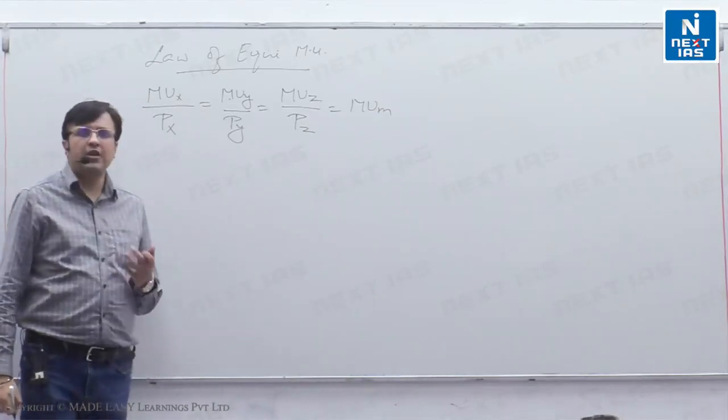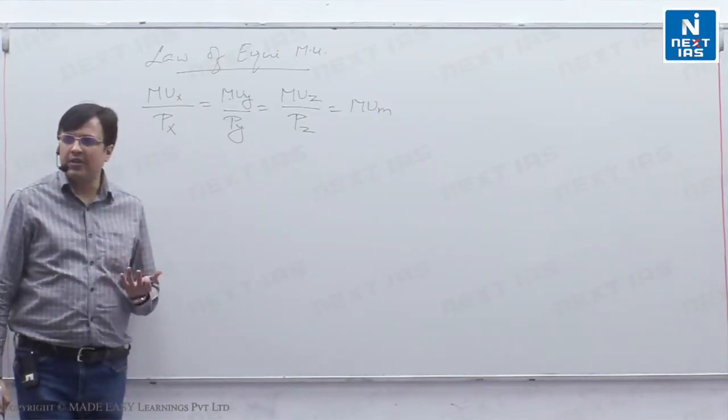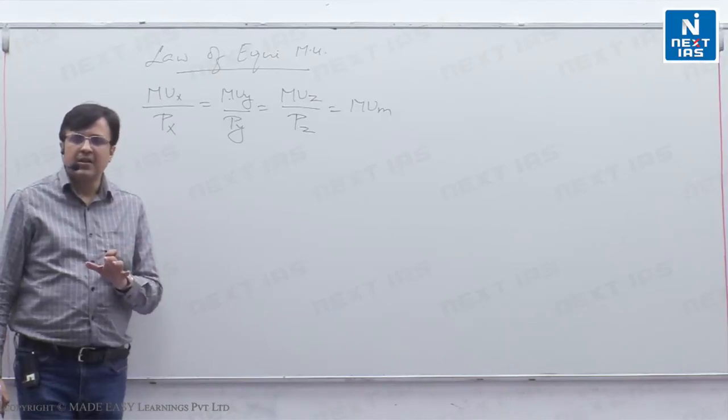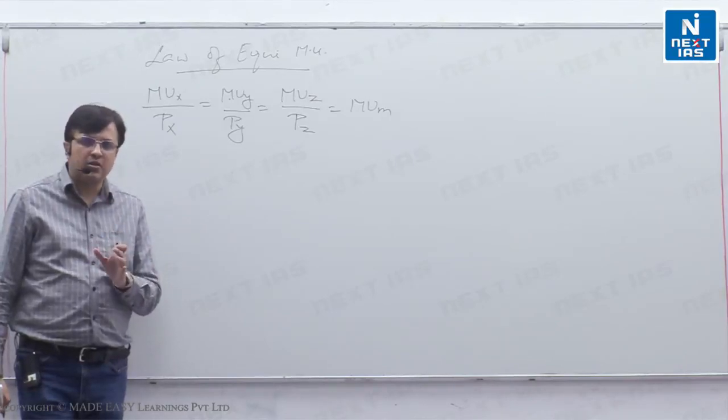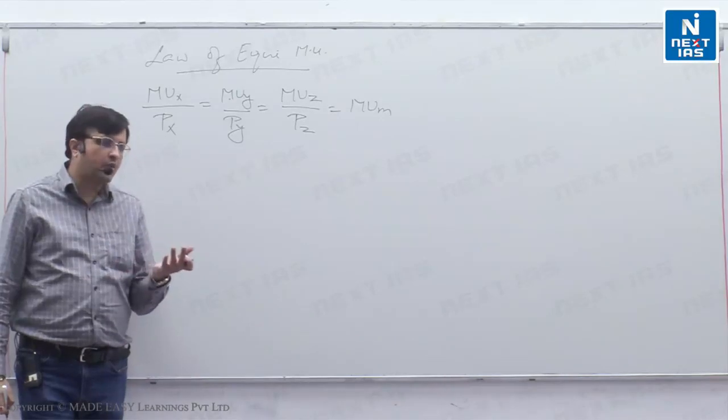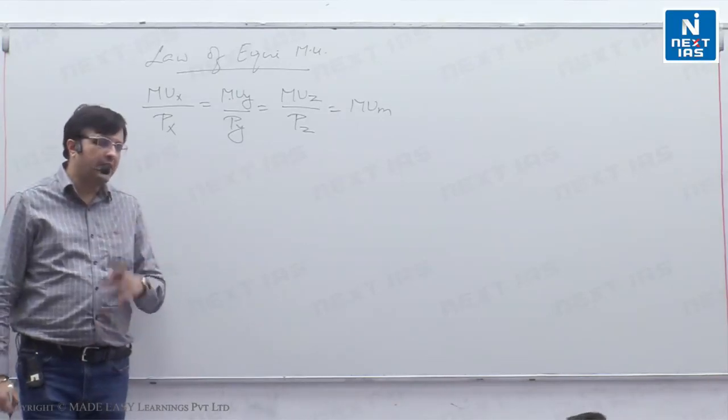That is the law of equimarginal utility, that if there are multiple commodities in the market, then the ratio of their marginal utility to their price should be equal to marginal utility of money.